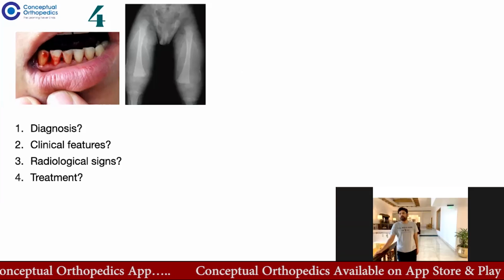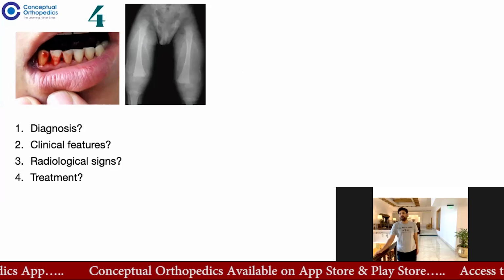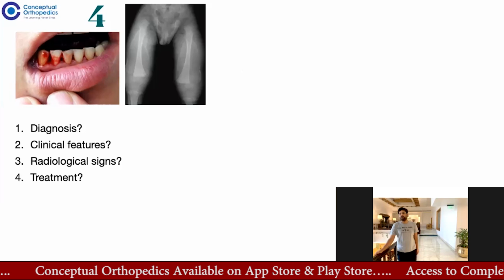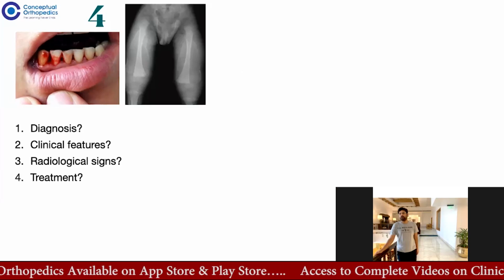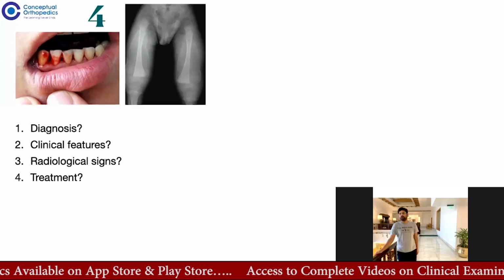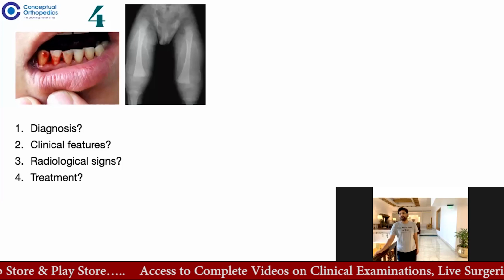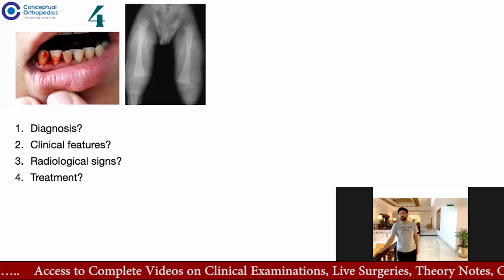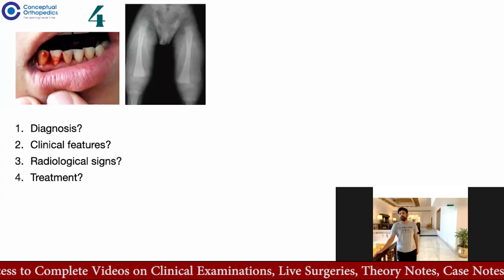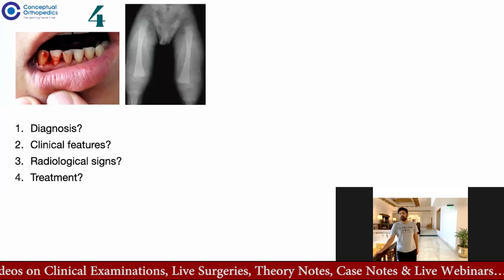Clinical features of scurvy: the patient will present with subperiosteal hematoma, bone tenderness, pseudo paralysis, bleeding from the joints, and bleeding from the gums. Radiological signs seen in scurvy are subperiosteal hematoma and the white line of Frankel.